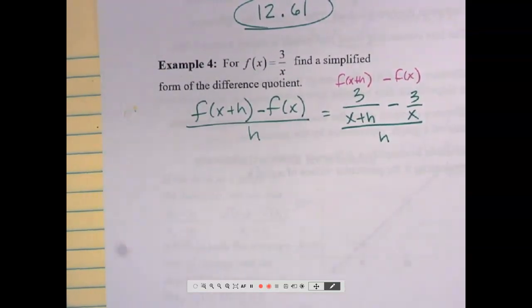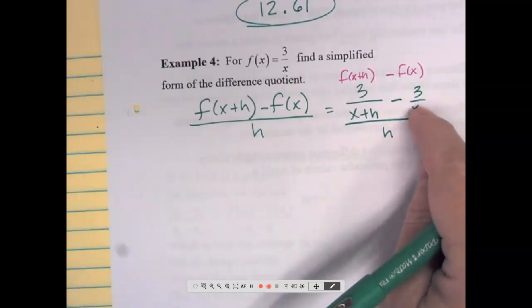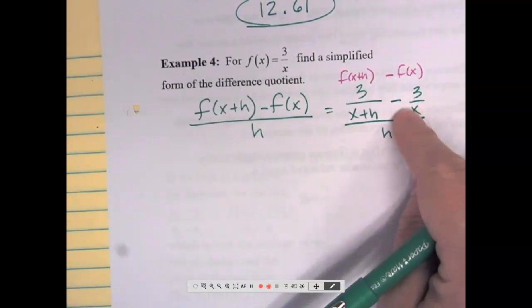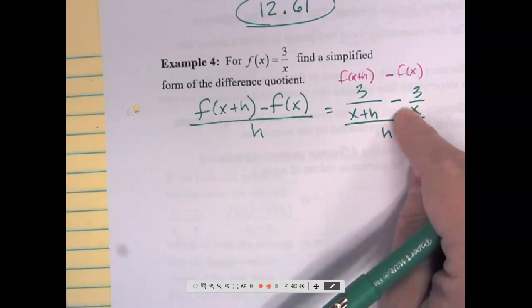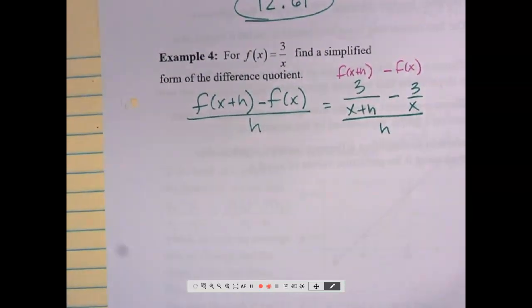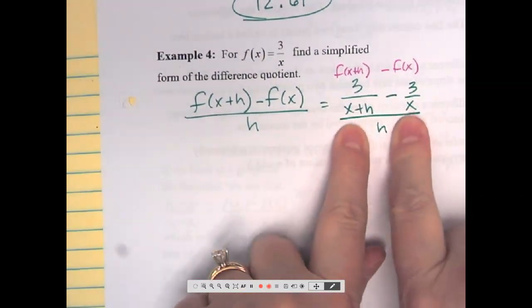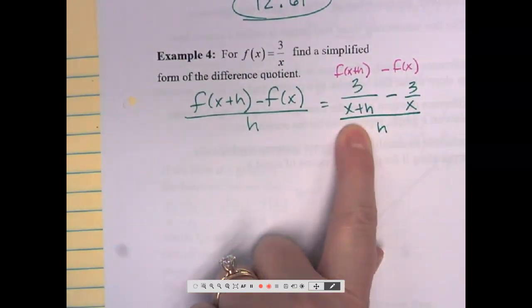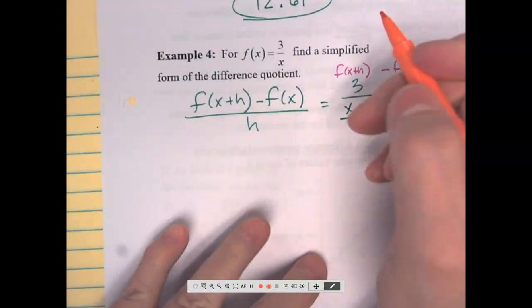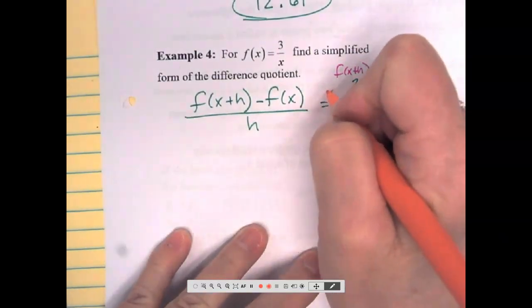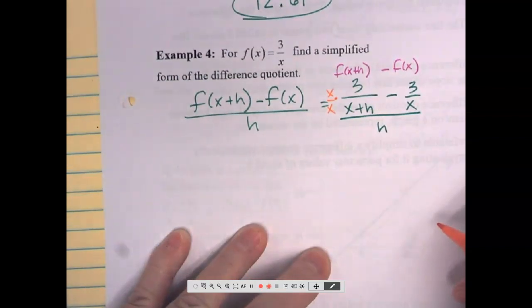Now, simplify. Well, it's a little tricky. In order to subtract fractions, what do we have to have? Common denominators. Okay, the common denominator here just needs to be both of these things. So this fraction here is going to get multiplied by x over x.